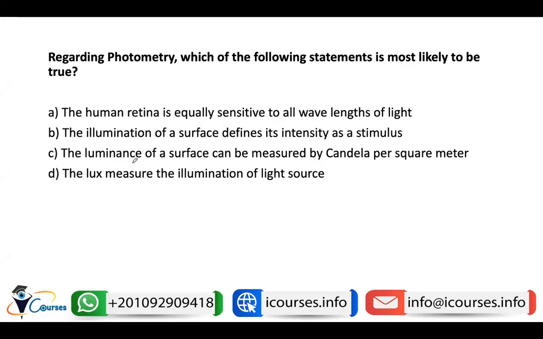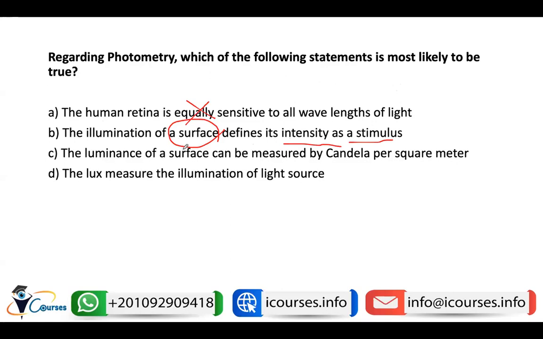Okay, so regarding photometry, which is right? We know that the human retina is not equally sensitive to all wavelengths of light, as we just illustrated. The illumination of a surface defines its intensity as a stimulus. In photometry we can classify the measures into two big categories.